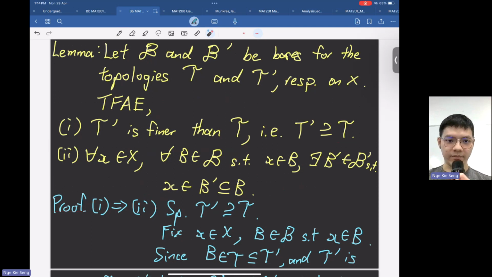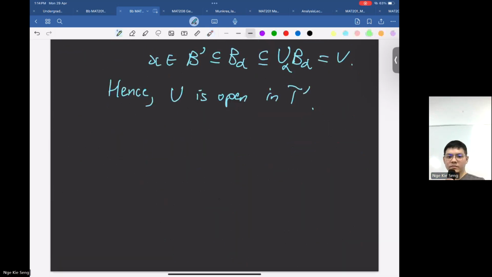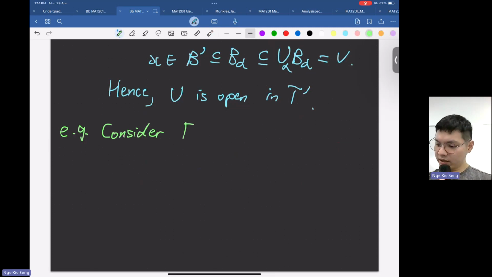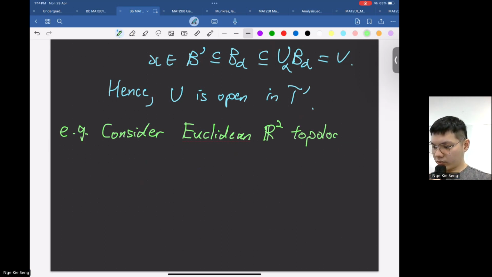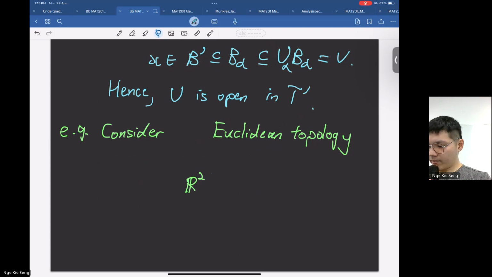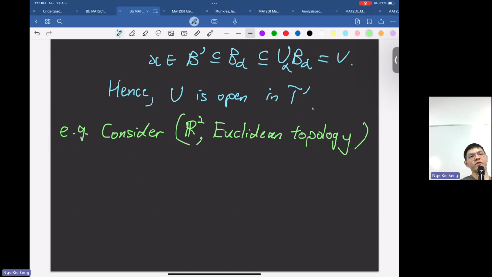So let's look at one example here. Let's consider the Euclidean R2 topology. You can prove that there are two kinds of bases you can pick.